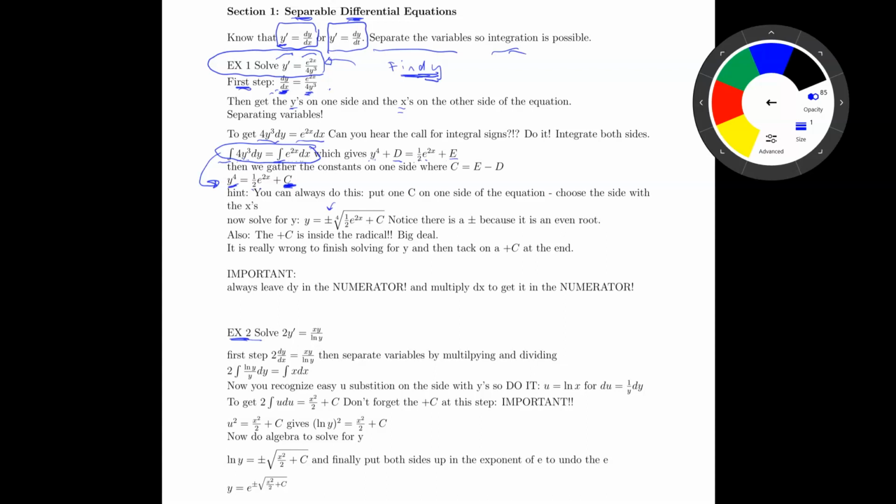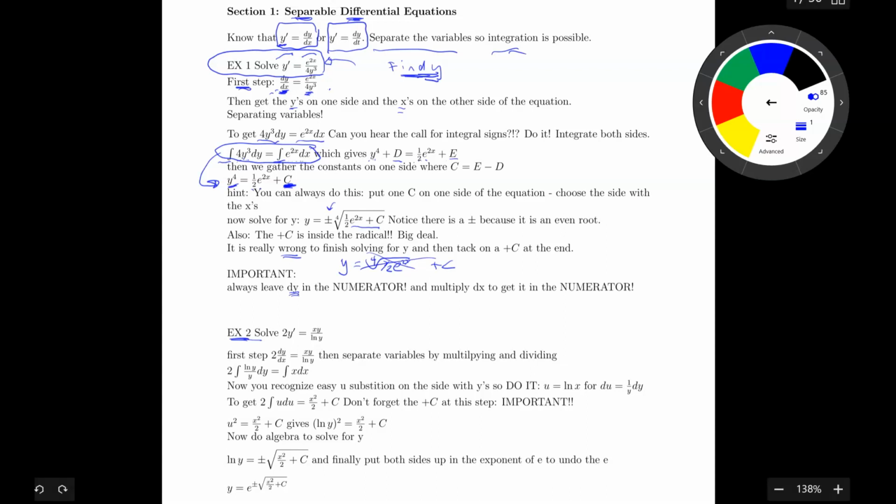Then notice that when you take the root, the c is on the inside of the root. So be careful. What would be wrong would be to say y is equal to the fourth root of 1/2 e to the 2x and then put the c on the outside. That's wrong, so don't do that.